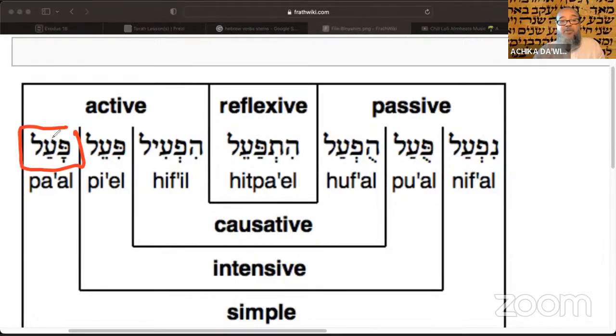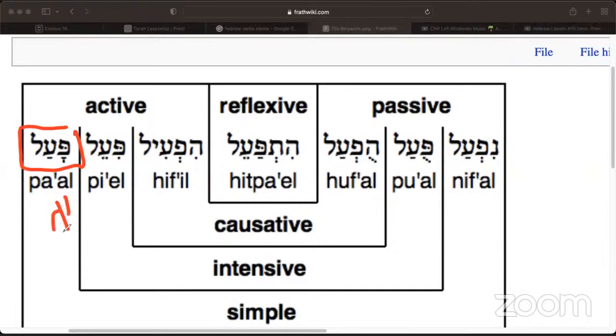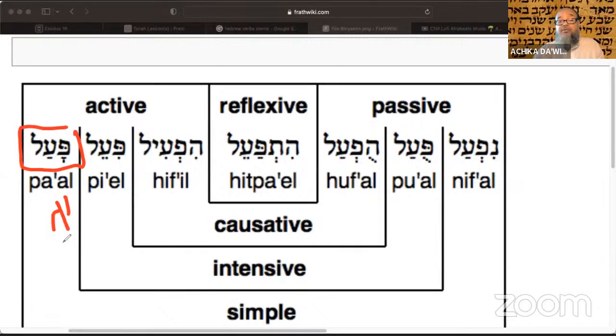What's the first letter I'm going to switch the pe with? The aleph. What's the next letter I'm going to switch the ayin out for? Kaf. And then the final one is lamed. And all I have to do is put the same vowels underneath it, and guess what it's called?